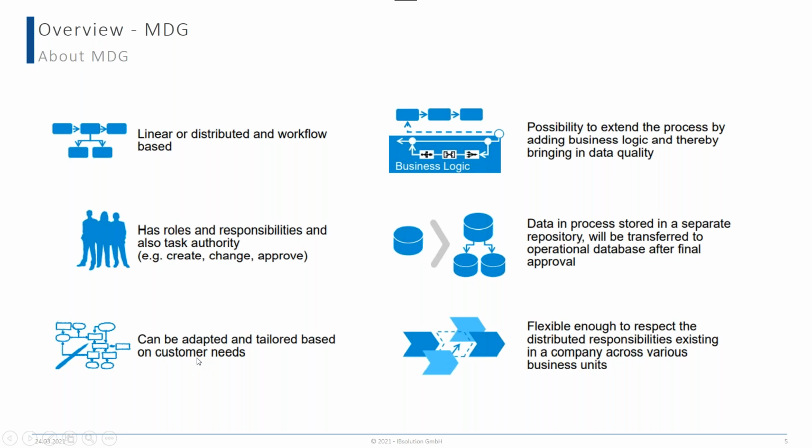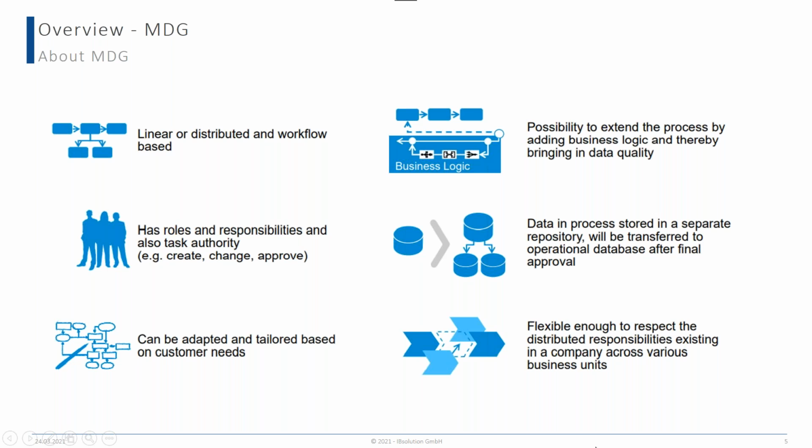The next, the out of the box solution is provided, and it can be adapted based on customer needs. The data model is given based on the customer, because all organizations have their own specific data to manage or to link with the material. So we have flexibility in the MDG.